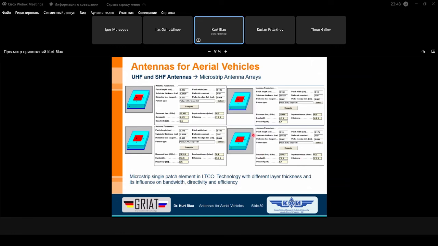This was only an example showing the influence of the thickness of the substrate and also the permittivity. We know that the smaller the thickness, the smaller also, for instance, the efficiency and the bandwidth.